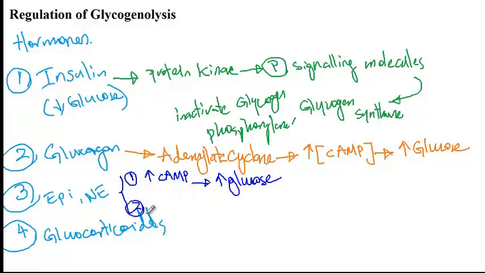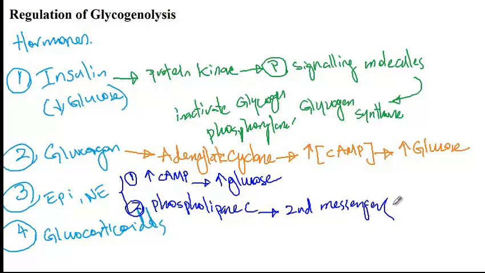The second mechanism is that they stimulate the phospholipase C enzyme, which will produce second messenger molecules such as inositol 1,4,5-triphosphate, shown as IP3, diacylglycerol and calcium.